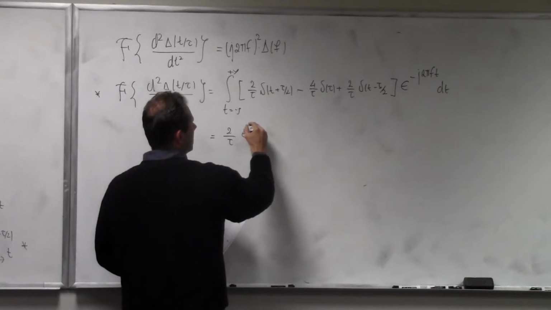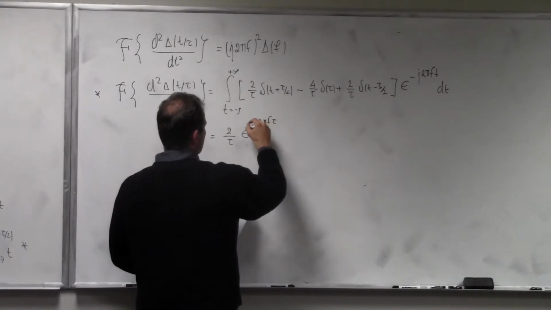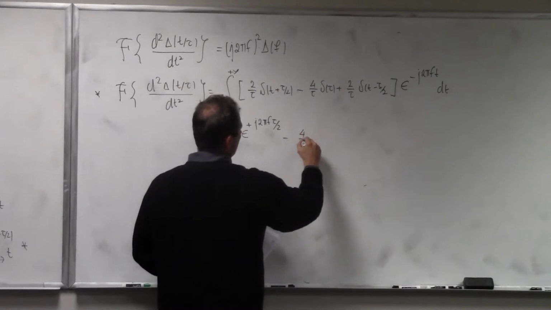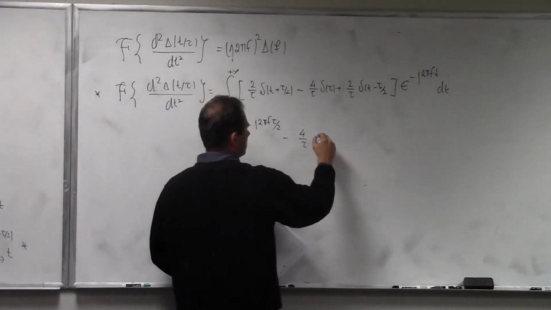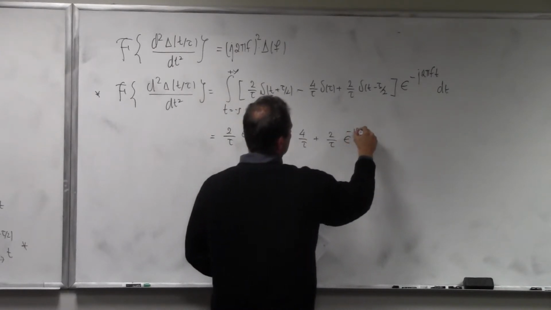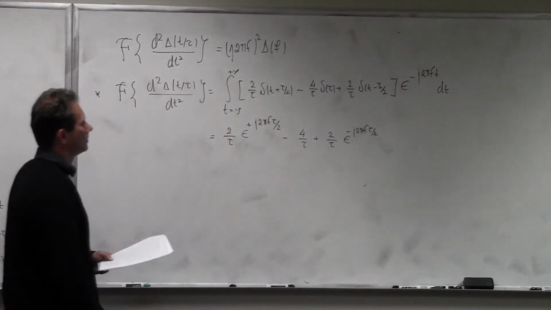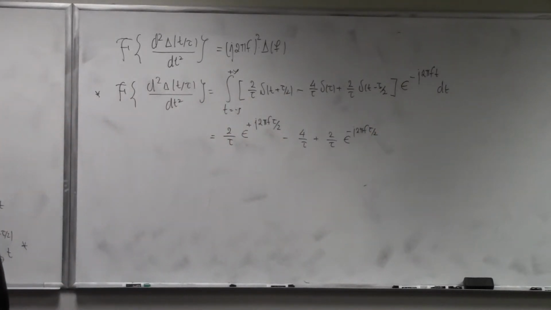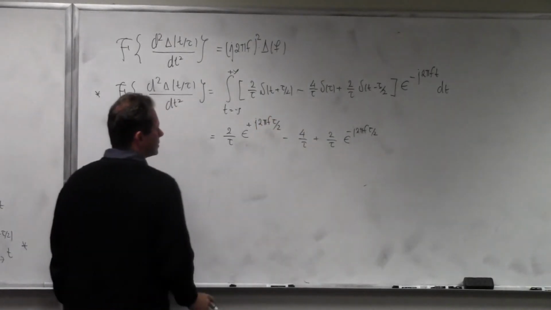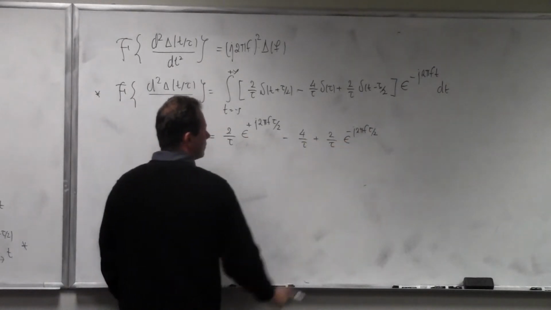So this is e to the minus j 2 pi f times minus tau over 2, actually plus tau over 2, minus 4 over tau, and then plus 2 over tau, e to the minus j 2 pi f tau over 2. Okay? That's the Fourier transform of this integral here. And then you can easily see that this is already some form of cosine.